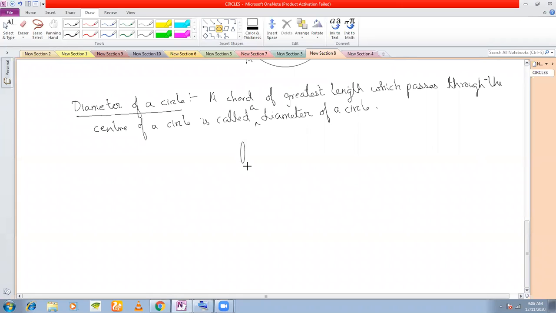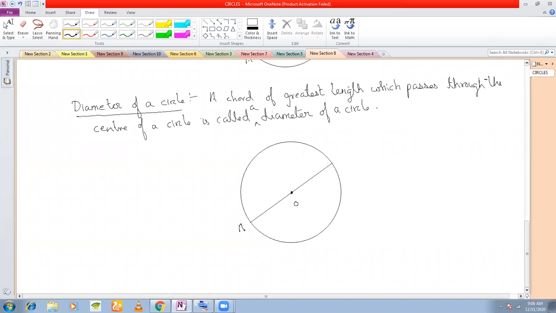So now you have a circle, and suppose the center is O, and if I draw a line through O, this will be a special chord of a circle. Why special chord? Because it passes through the center of the circle. This special chord is called the diameter of the circle, and it will have maximum length among other chords.